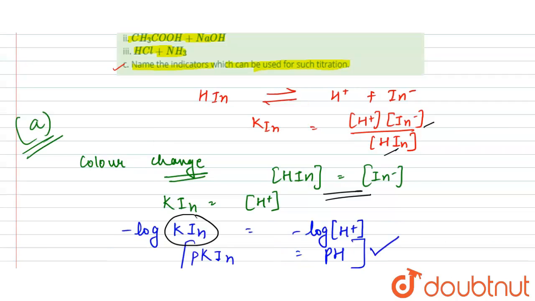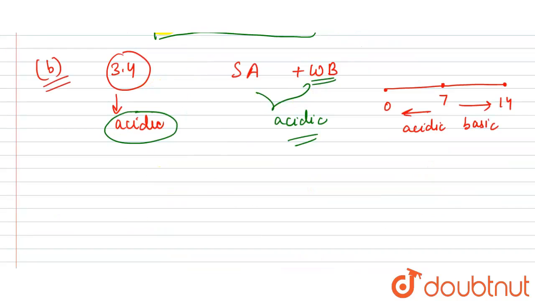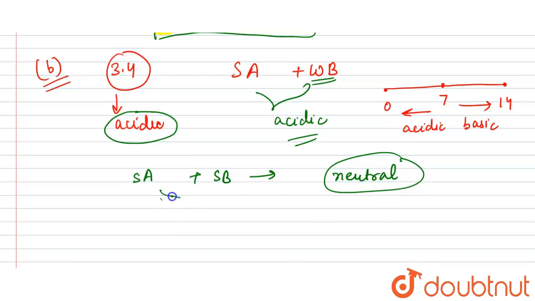In the first we have strong acid plus strong base, here we have weak acid plus strong base, and here we have strong acid plus weak base. So our answer is option number 3. Why option 3? When there is a strong acid and a strong base, the solution is most likely neutral at pH 7, because both are strong.